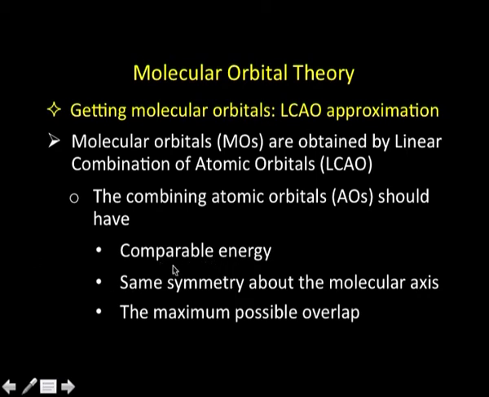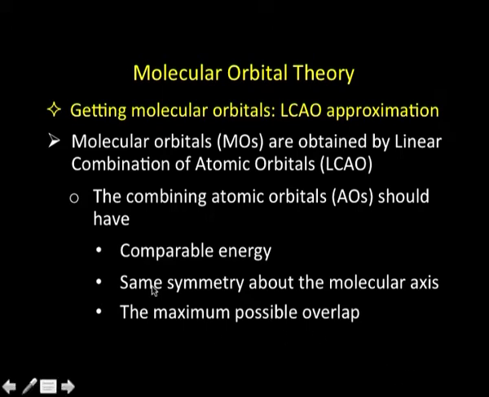When we take atom 1 and atom 2 and want to combine their atomic orbitals, these conditions have to be met. The energies of the two atomic orbitals should be comparable. I cannot combine an atomic orbital of a given energy with another of very high energy; this is not permissible, as they will not lead to reasonably good, acceptable molecular orbitals. So the first requirement is that the energy should be comparable.